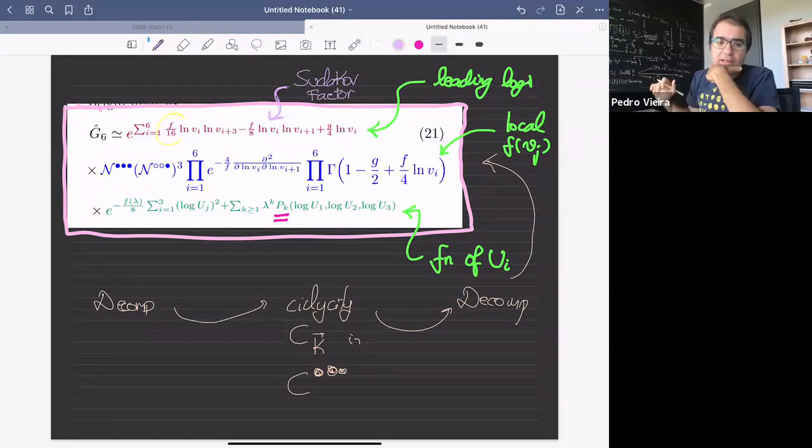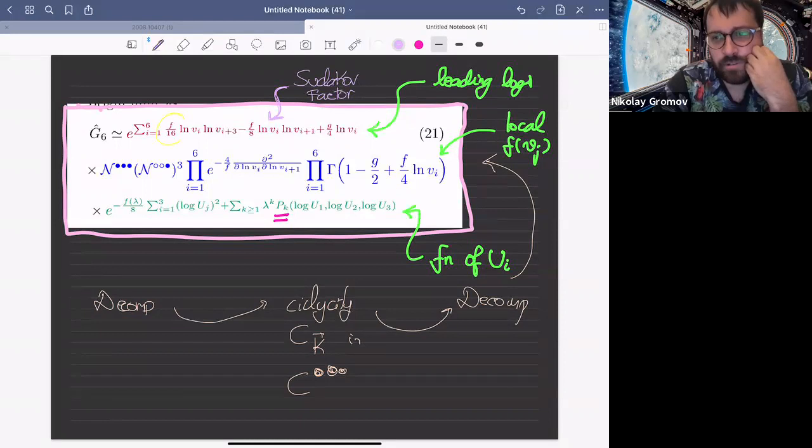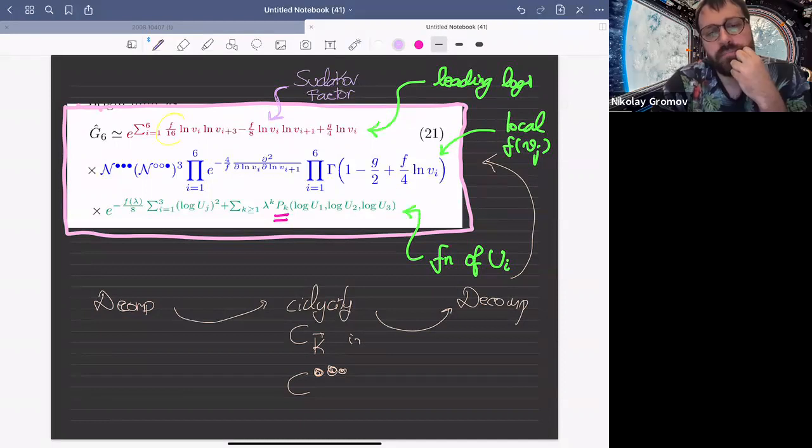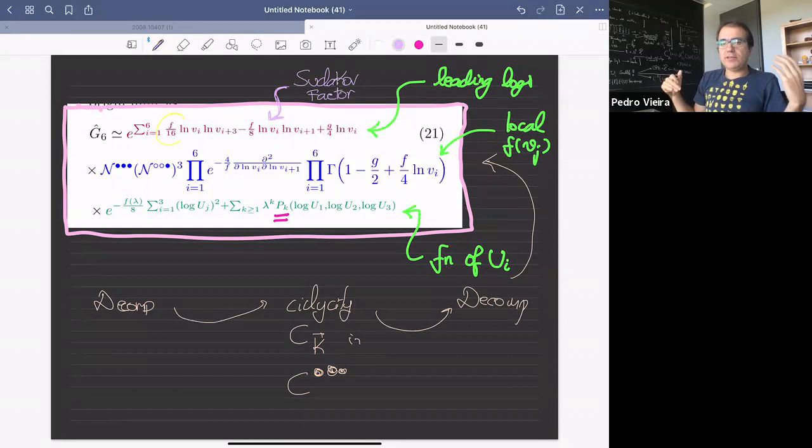If you take F finite and then the spin to be large, you could expand this gamma function. But you can take the limit when F times log V is finite. That's even more general, and then you should keep the gamma function. So it's like weak coupling. That's right. Weak coupling is F times log spin small.